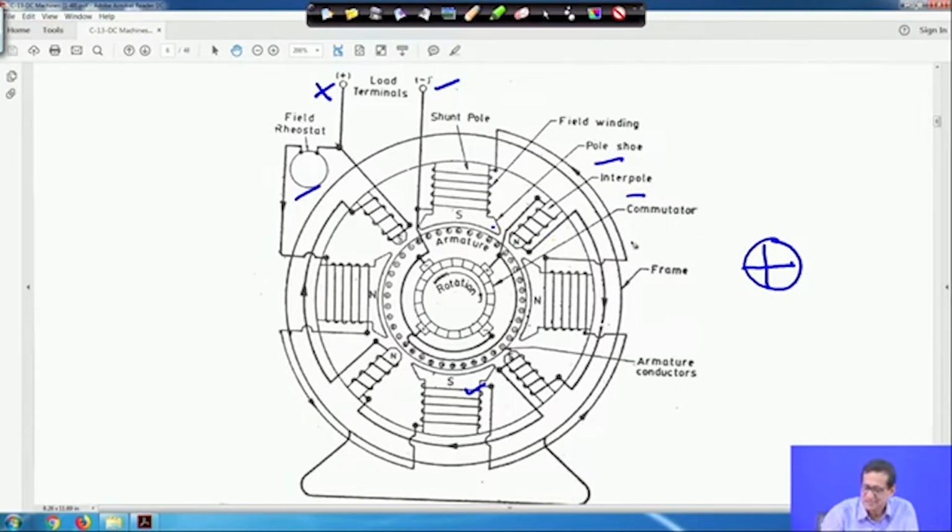Then this is the commutator, with many commutator segments; in the diagram there are few, but you will have many. And this is the frame and these are the armature conductors. This is a schematic diagram which I have taken from a book. It is a 4-pole machine, so you will see the 4 brushes 1, 2, 3, 4, plus minus.